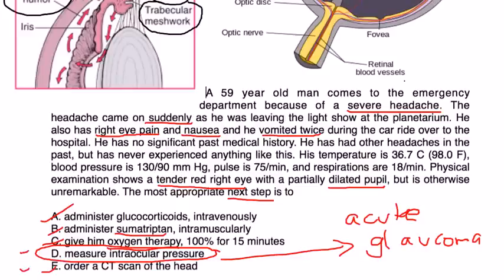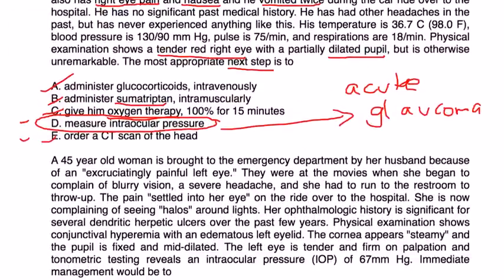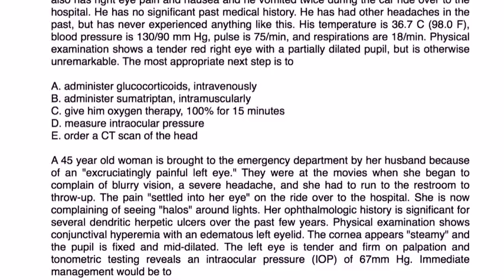And finally, and this one I couldn't fit in the answer choices, but it's okay. A 45-year-old woman is brought to the emergency department by her husband because of excruciatingly painful left eye. They were at the movies when she began to complain of blurry vision, severe headache, and she had to run to the restroom to throw up. The pain settled into her eye. On the ride over to the hospital, she is now complaining of seeing halos around lights.